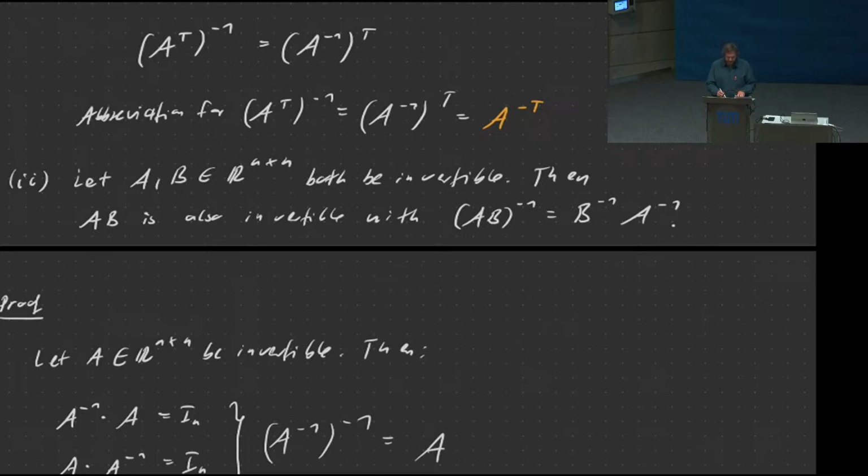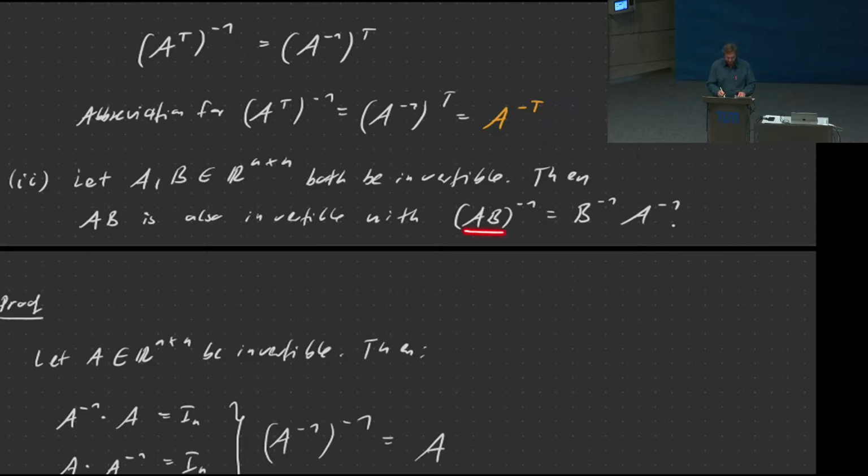And then, of course, you can also ask, what about the product of matrices? Well, if you have two matrices that are invertible, the product is also invertible. And the inverse of that can be computed from the inverses of the single matrices. Similar to transposition, the order changes if you do that.